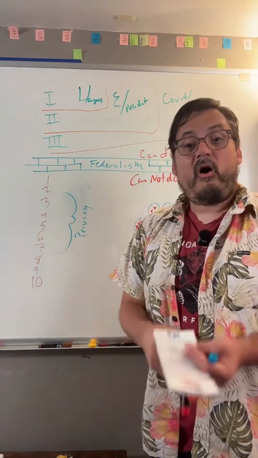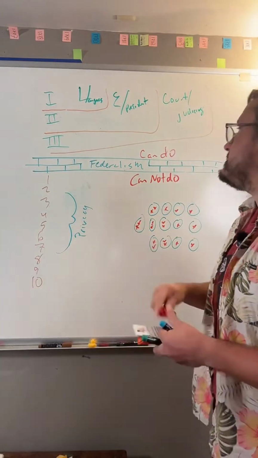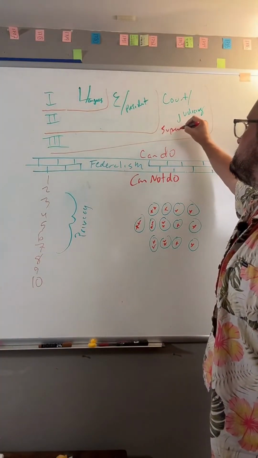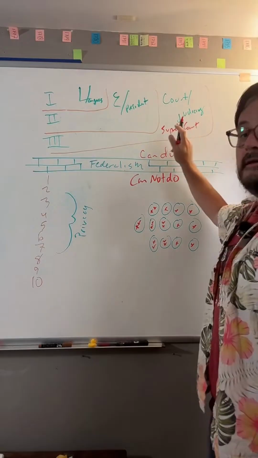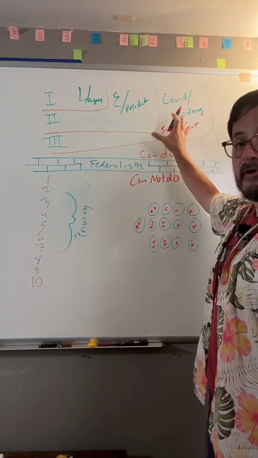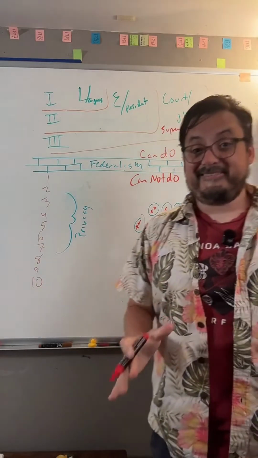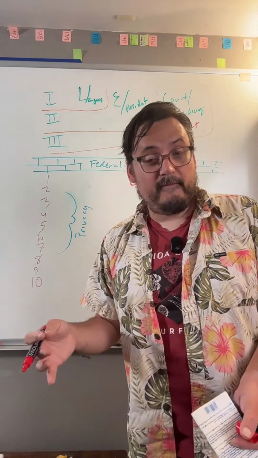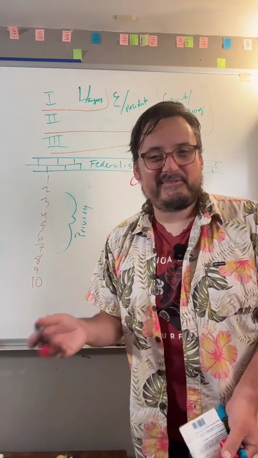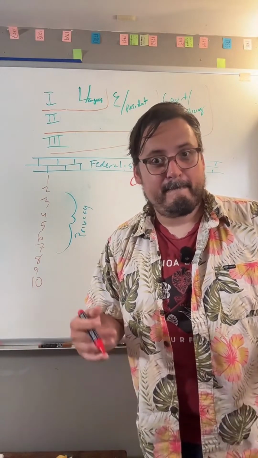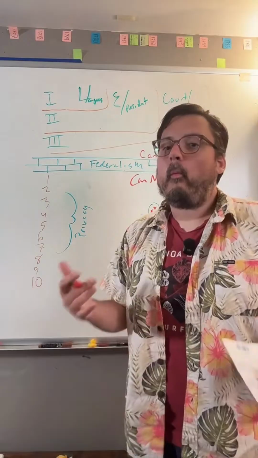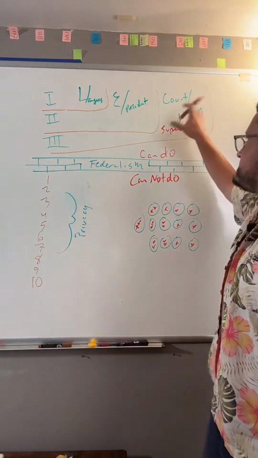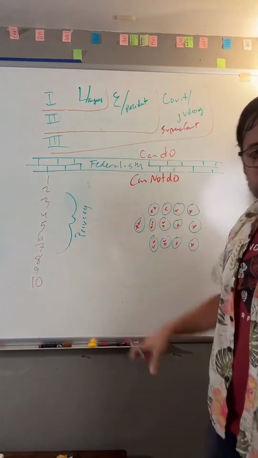Unfortunately, Article 3 only gives us a Supreme Court in the judiciary branch. That's all it does in Article 3. And then it says, if we need any other courts, Congress can deal with that.